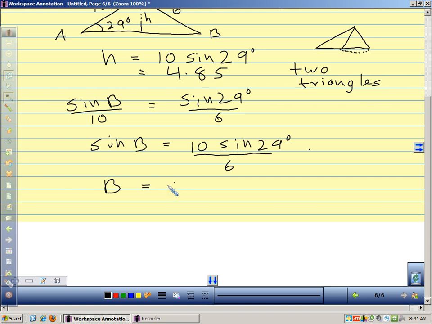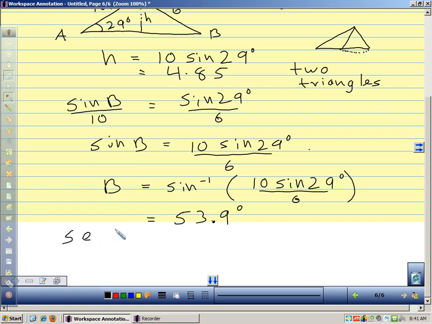So B is the inverse sine of 10 sine 29 degrees over 6. If we plug that all into our calculator, we get about 53.9 degrees. And our second possible value for angle B is going to be supplementary to 53.9.